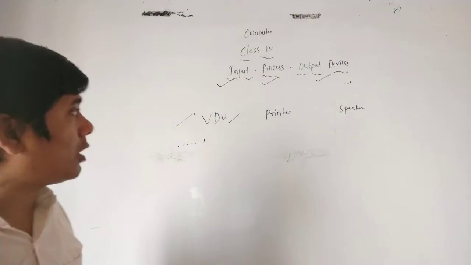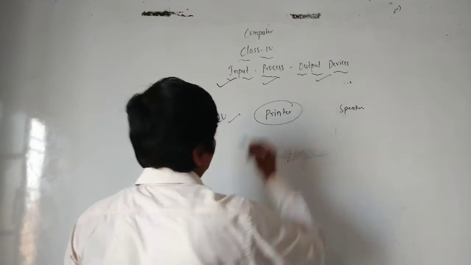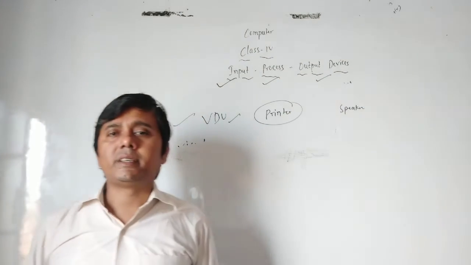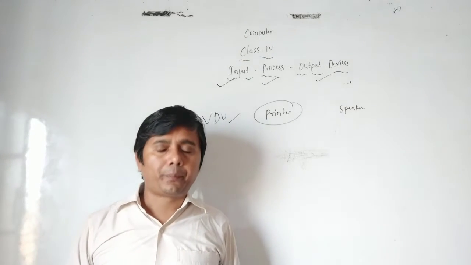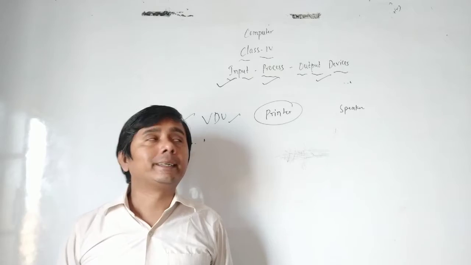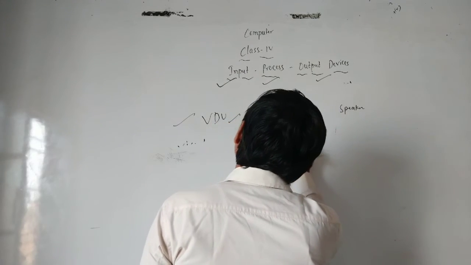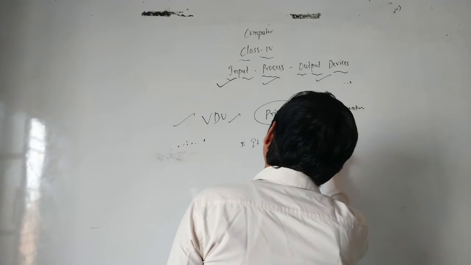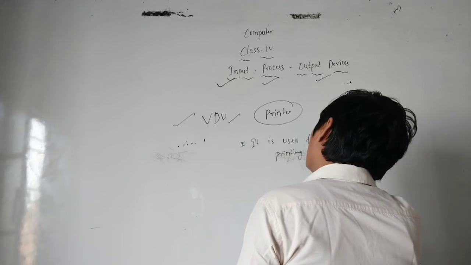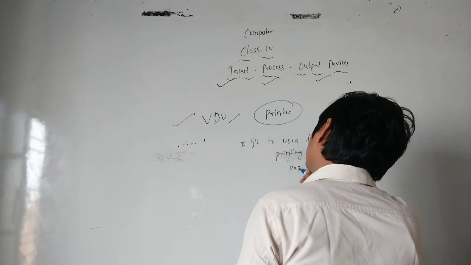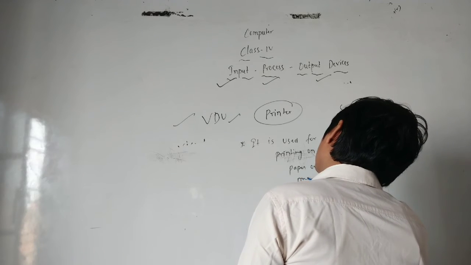Now we will see the next output device, the printer. Printer is an output device. It is used for printing on paper or other material.